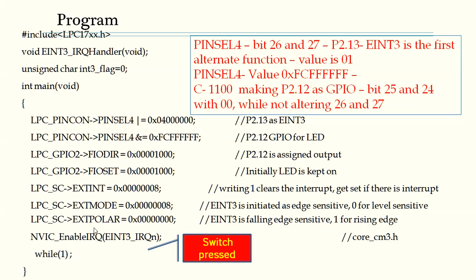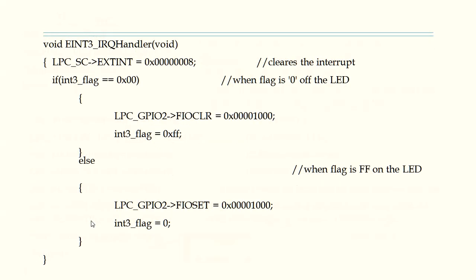The control would be transferred to this ISR, and we know that every interrupt is associated with a particular address. They all are vectored interrupts. So the program counter would be automatically loaded with the address of the external interrupt 3, and then we have the function written for the ISR.